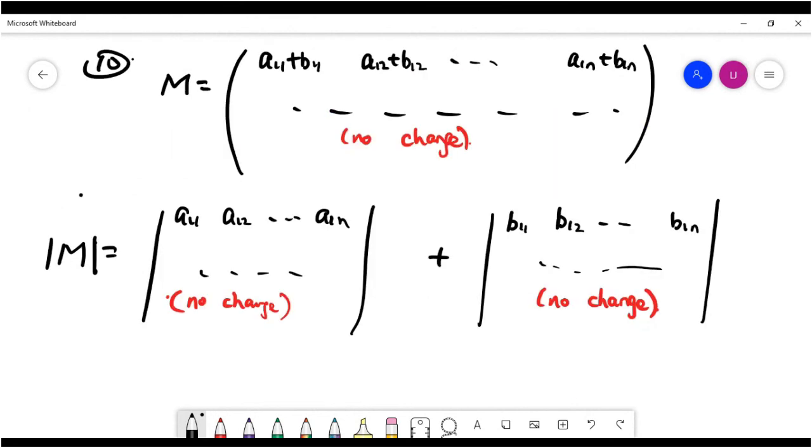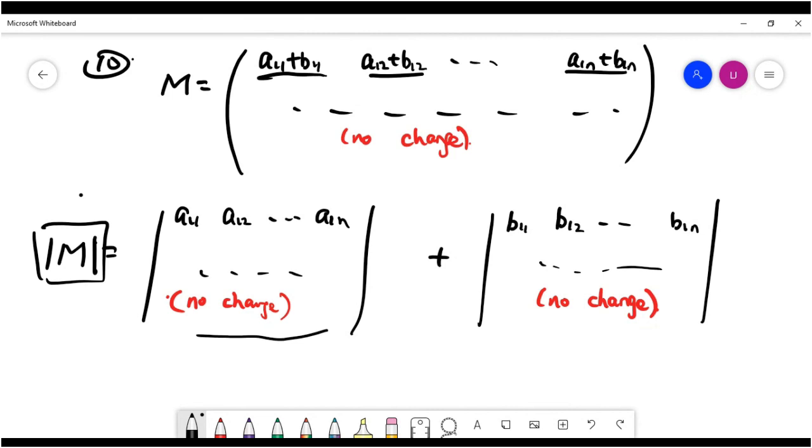So now in property 10, we'll look at the case where you have a matrix M whose first row has two terms added together. I claim that the determinant of this matrix M is actually the sum of the determinants of two different matrices.